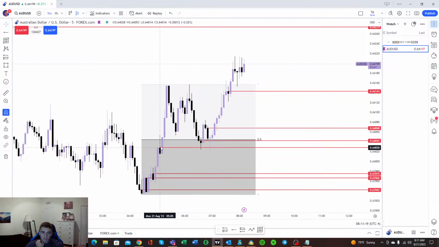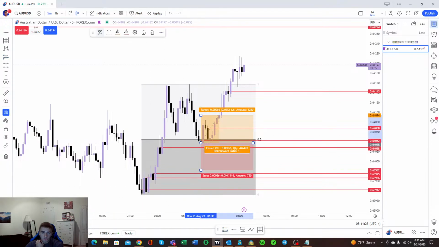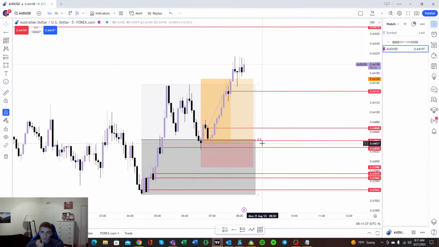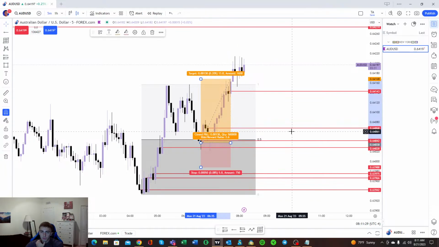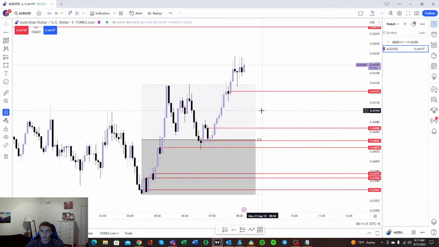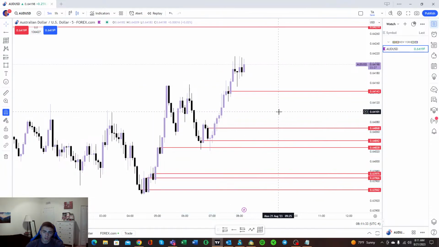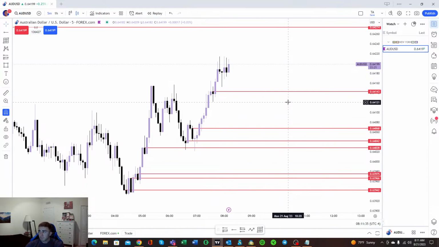Had we waited for it to go to the zone below 50, right here, we would have got in on this candle close, and it would have been a clean move. So that's what premium discount is. You really want to be buying in the bottom half and selling in the top half.